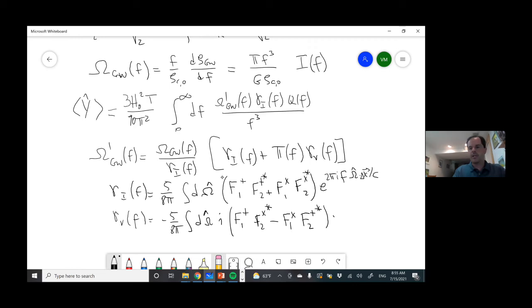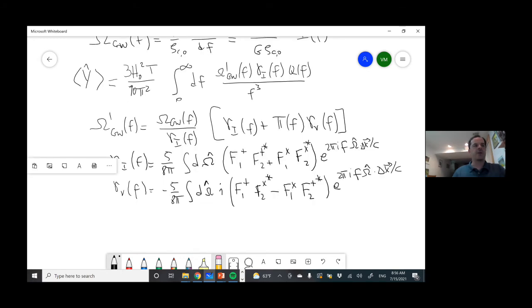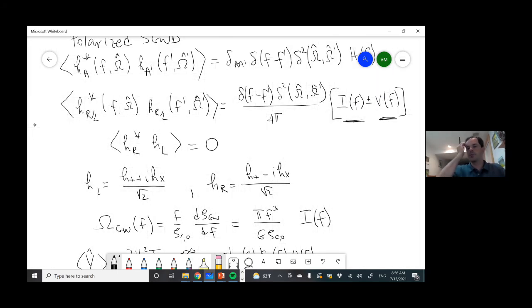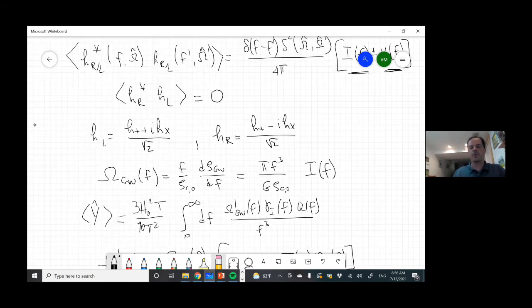And then we have the same phase factor. The very last piece that's missing here is what pi is, and that's simply the ratio of V and I. So pi of f is the ratio of V and I. Remember, V and I show up in the 2-point correlation function. These are the two functions corresponding to the unpolarized and the polarized pieces.